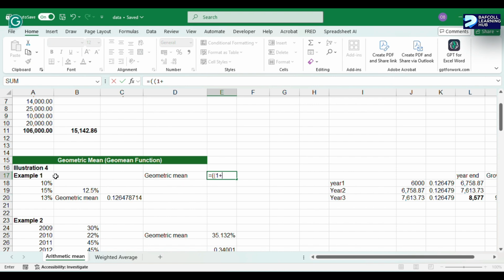1 plus the 10%, bracket close, then 1 plus 15%.